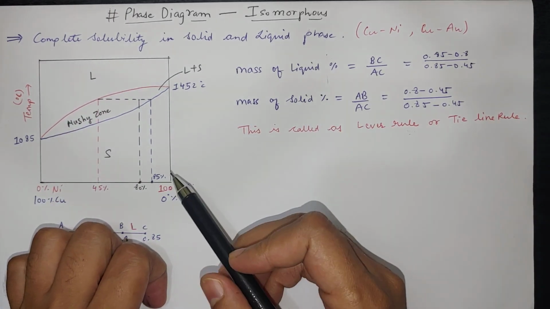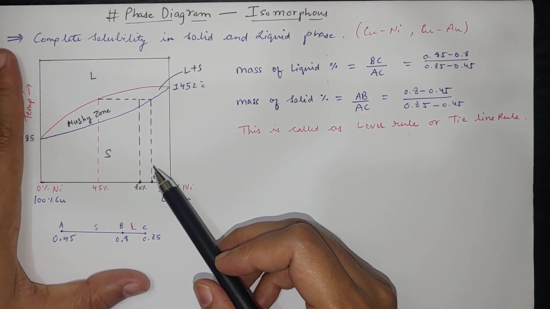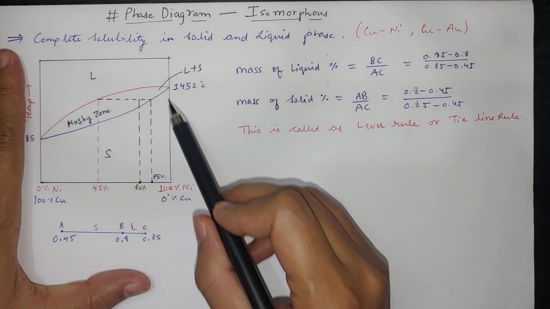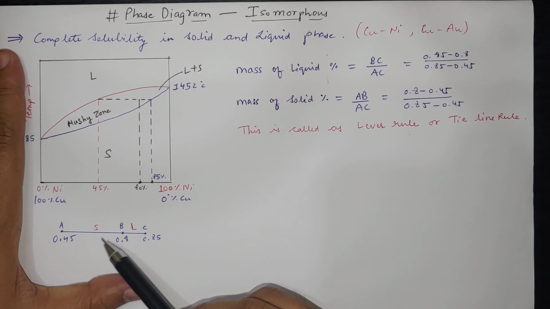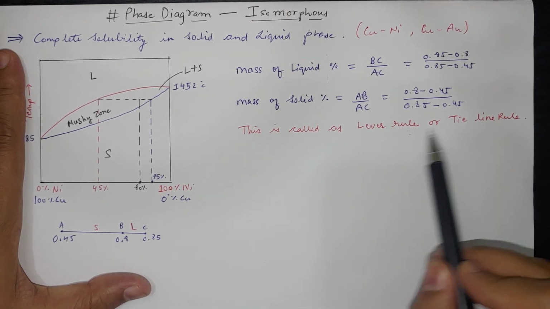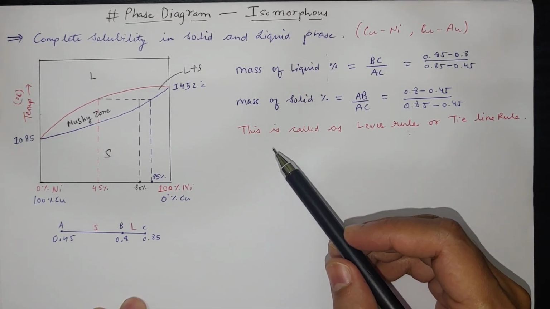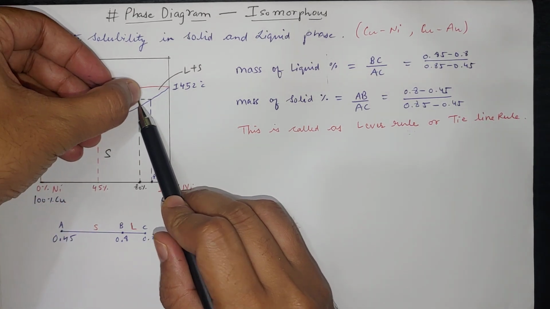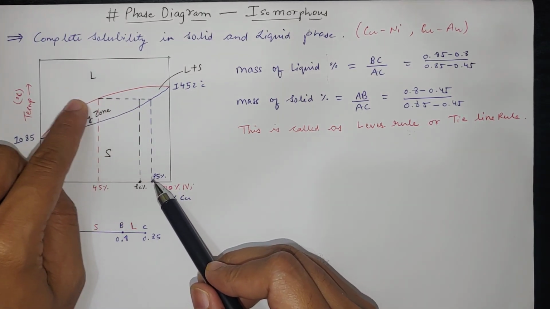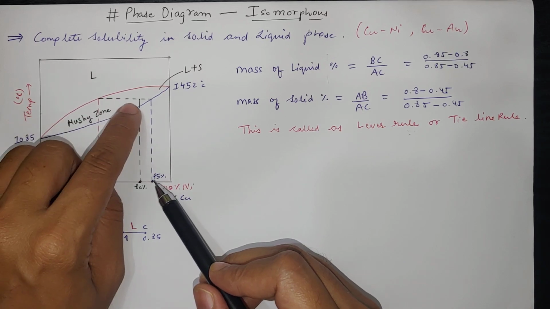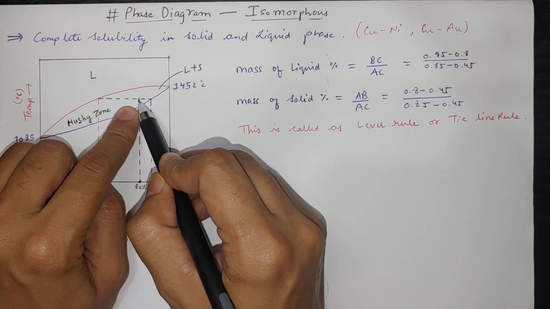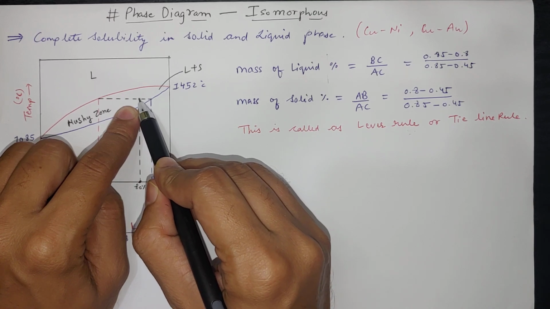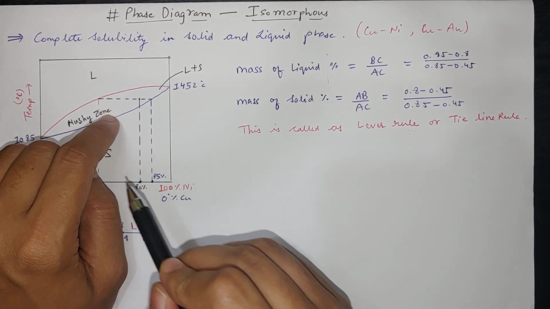Now, to calculate the percentage of liquid and solid, we use a technique which we call the lever rule or tie line rule. Let's suppose that at a particular point, at 80% composition and the corresponding temperature, we want to calculate how much fraction is liquid and how much is solid.